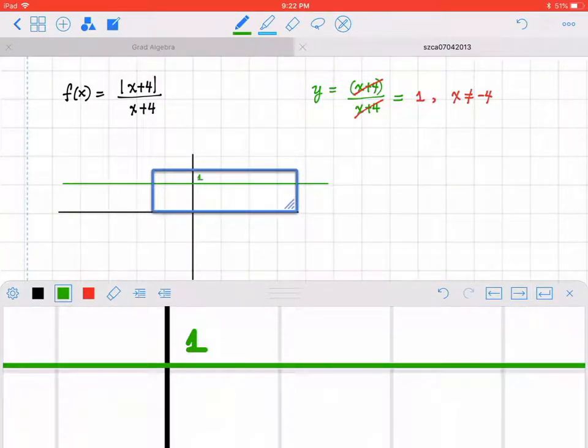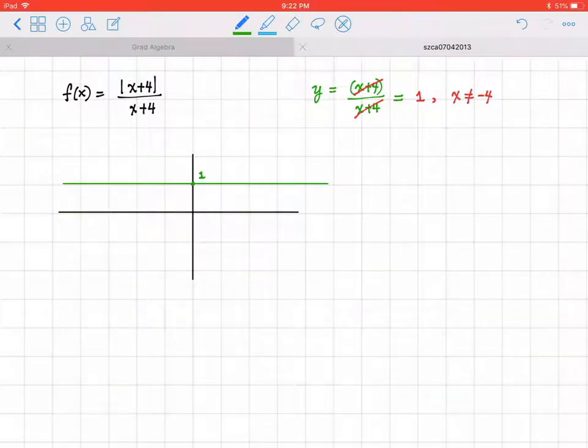Okay, and you can see that this is where you have your y-intercept, you have no x-intercepts. So the y-intercept's at 1, no x-intercepts, and so far, when you're doing the constant function, what happens at x equals negative 4? What are we going to do about that part?